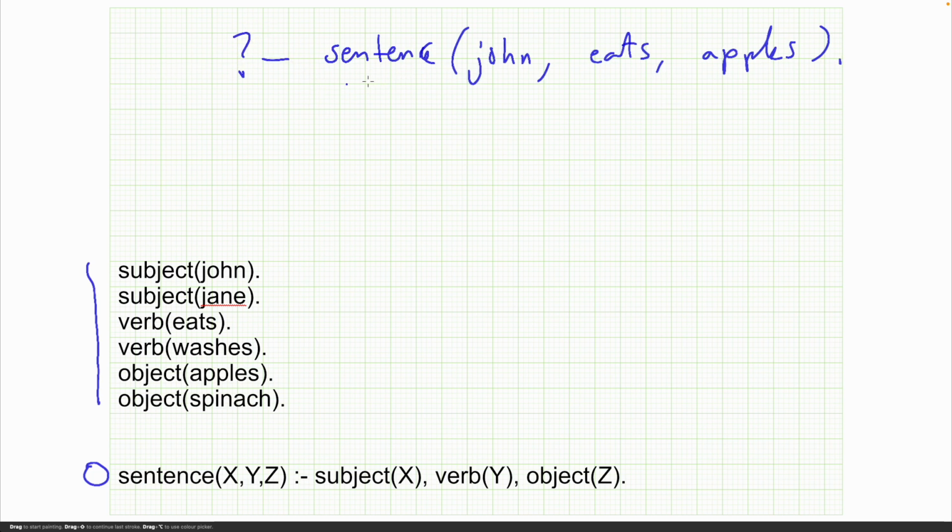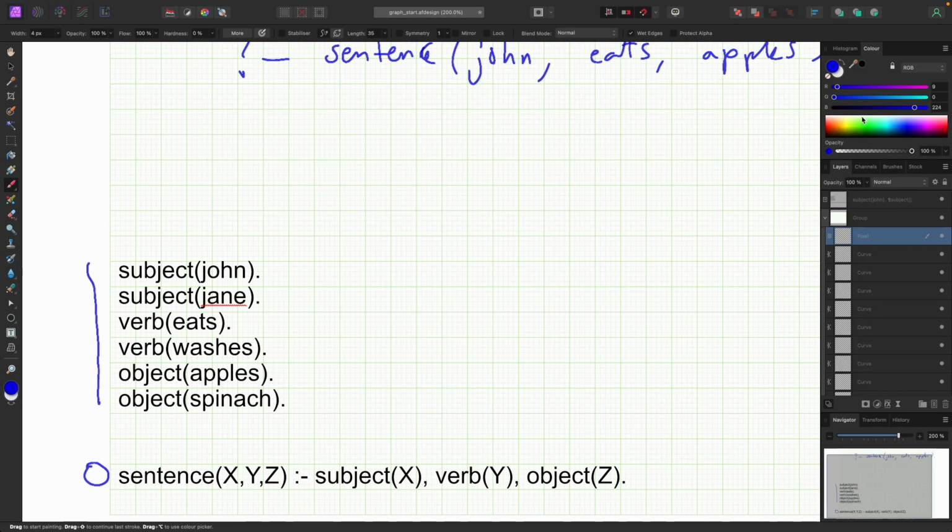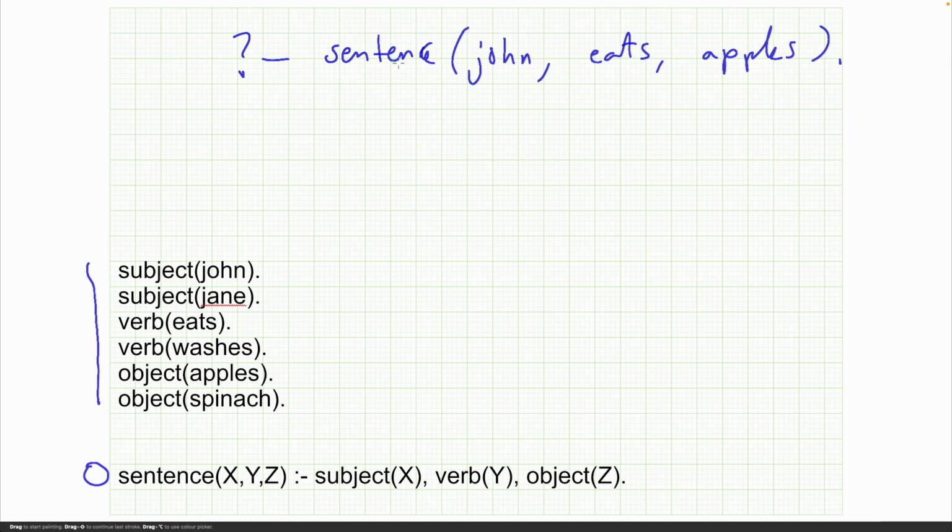And to test whether it's true, Prolog hasn't got anything else, it needs to look through its database of facts and rules to see if they can help prove this is true.